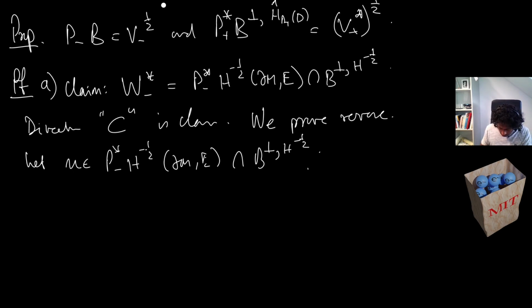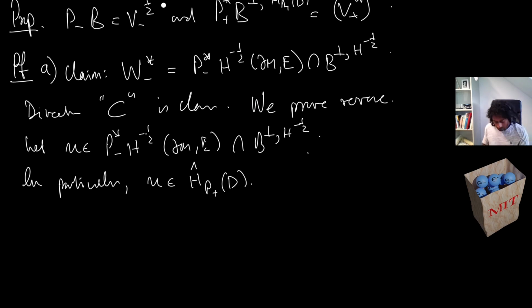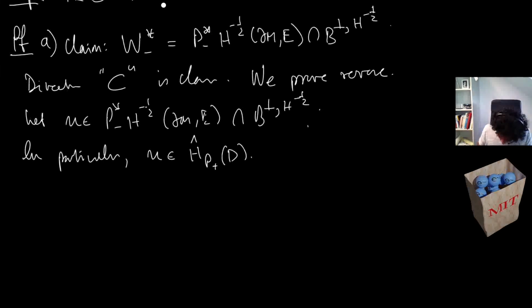So in particular, U is in H check, H hat P plus of D, right? Because if we're in the P minus a half piece, P minus a half is a subspace of the H hat space, and now we're in a subspace of that. So certainly we're in this space. So that means that we can now intersect everything with the H hat. So therefore, U is okay.